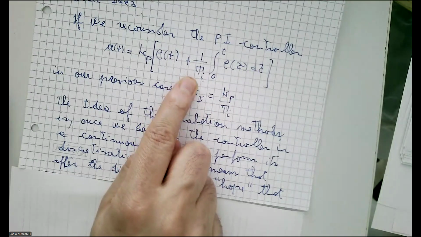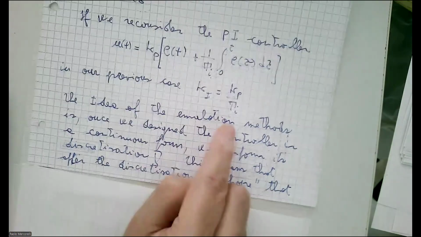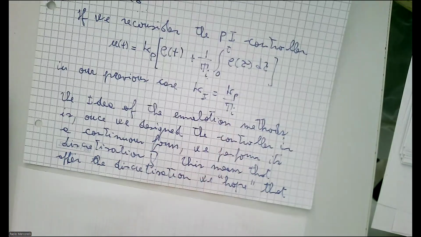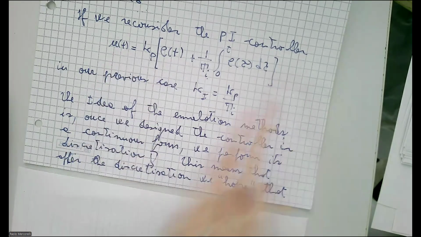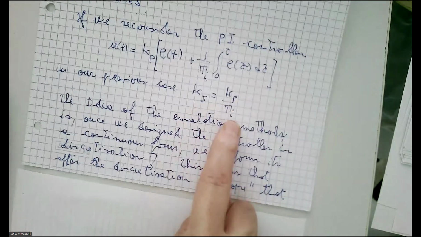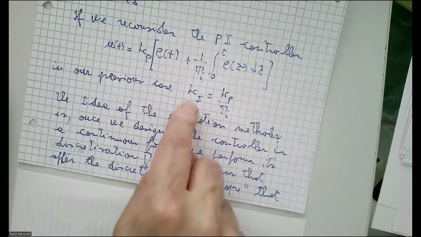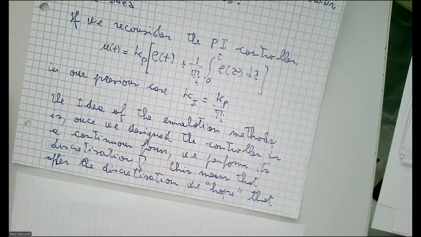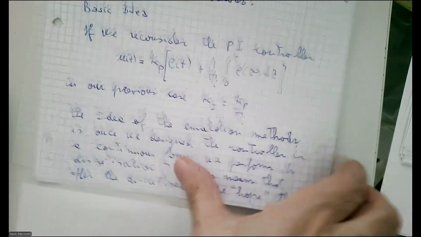In this form it is KP divided by TI. We have two parameters to be set, KP and TI. If you consider KP divided by TI, of course, it's just KP and KI, as you want. About that, I already told you.